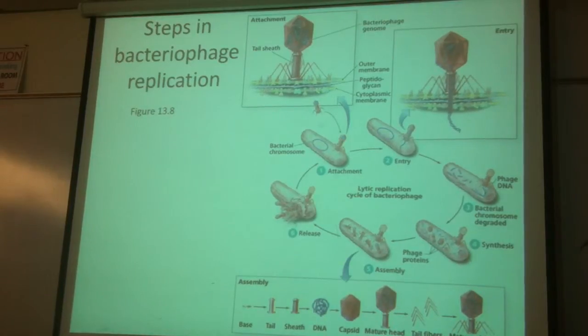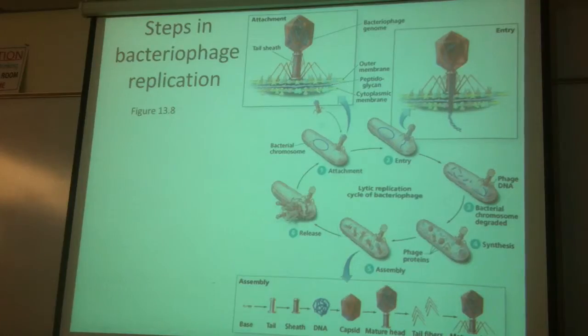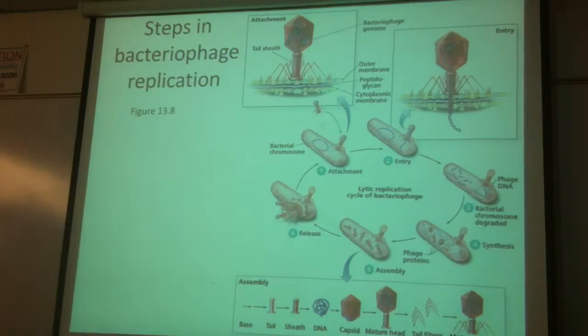A lot of times it will then just degrade the host DNA, so that only its nucleic acid remains. And then it'll take over. All of the host components are still there. It does synthesis, and it starts making phage proteins. So you get the copying of the DNA, or RNA if that's the case, and then the making of the proteins.